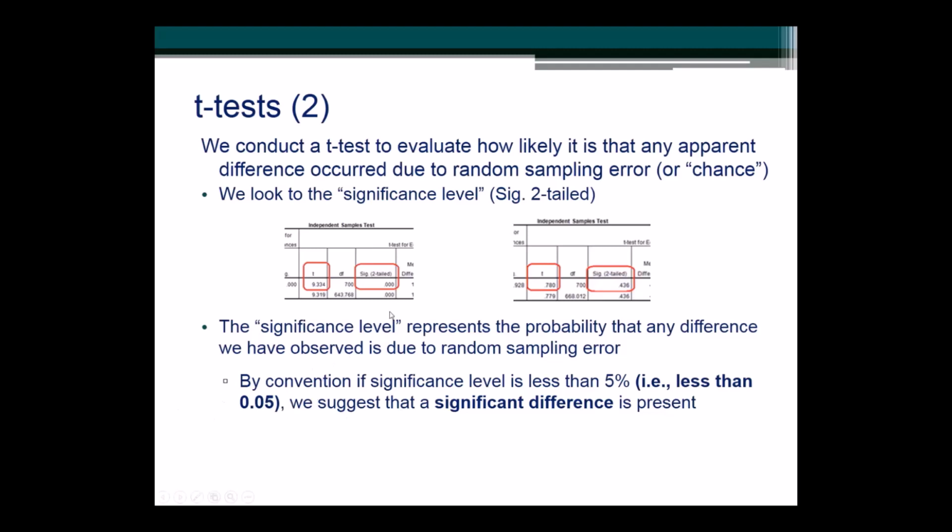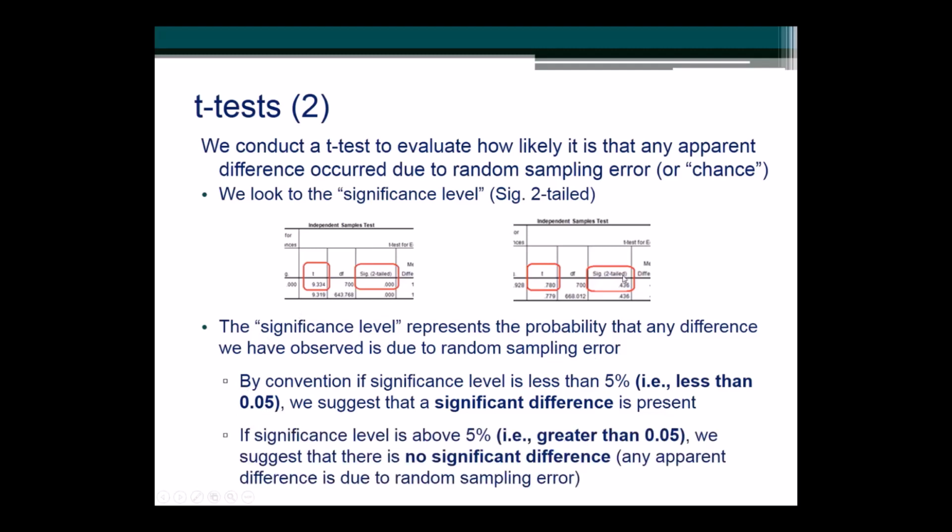We say a small significance level is any value lower than 0.05, and a large significance value is any value larger than 0.05. So if our significance level is below 0.05, it represents that there is a true difference. If it's above 0.05, it's probably not a true difference. That's probably just occurring by chance.